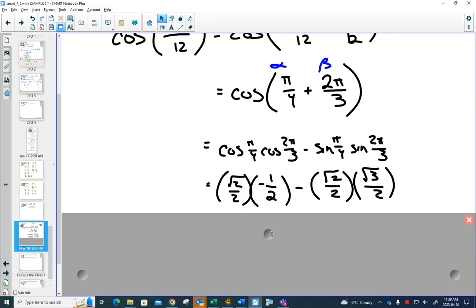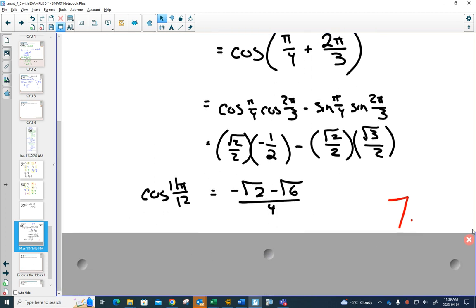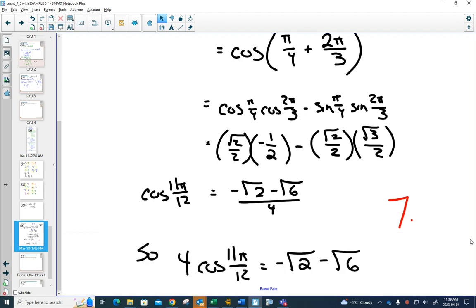Get the values from your pi plate. And simplify, and you get that cos of 11 pi over 12 is negative root 2 minus root 6 over 4, which means if you multiplied both sides by 4, you would get that 4 cos of 11 pi over 12 would just be negative root 2 minus root 6.